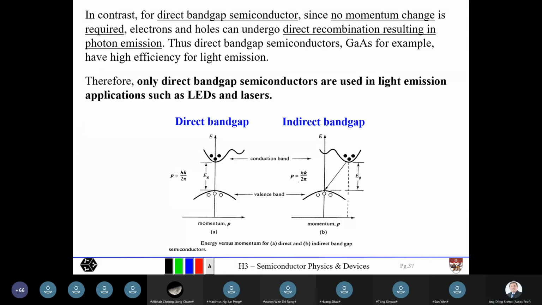During generation, the electrons and holes are created, and during recombination, they are eliminated. In a direct bandgap semiconductor, these two processes will cancel each other at thermal equilibrium. But would the recombination lead to the emission of light? Can we see light?